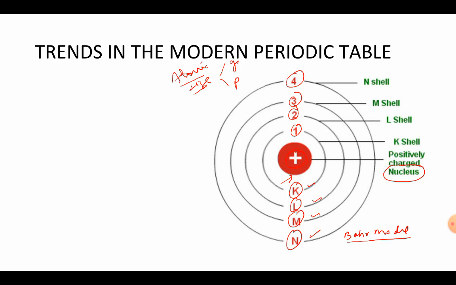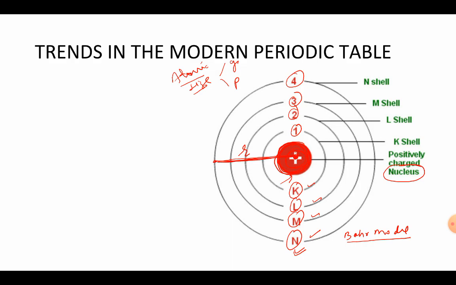Somewhere we have knowledge that the size of an atom, or basically the perfect definition of it, is the distance from the center of the nucleus. If this red portion on the screen is denoting the nucleus, then the distance from the center of the nucleus to the outermost shell, since we can see that the outermost shell is the end shell, is called the atomic size, and it is also called the atomic radius because it is giving us the radius of the atom.